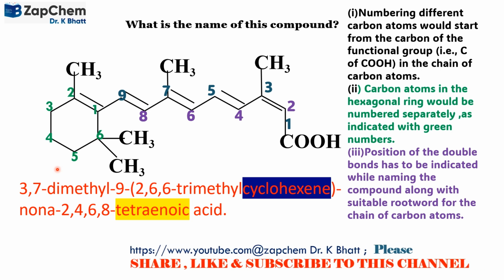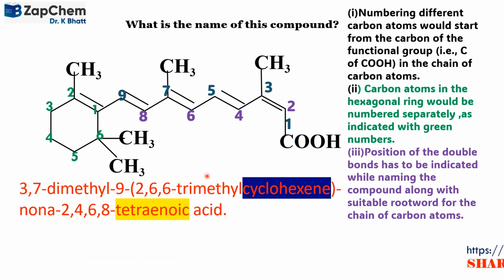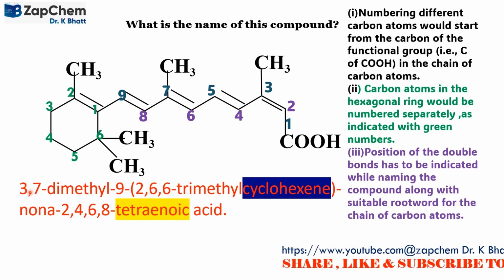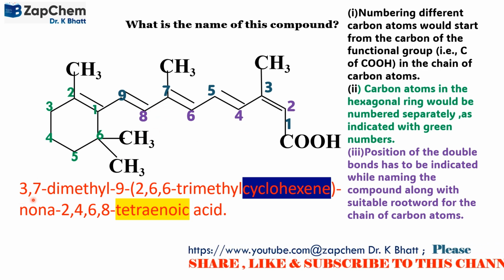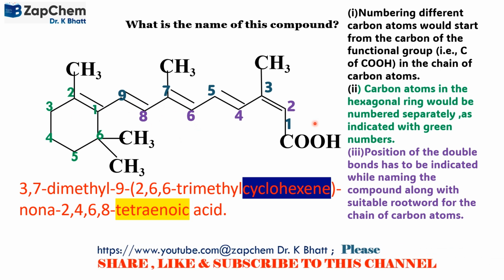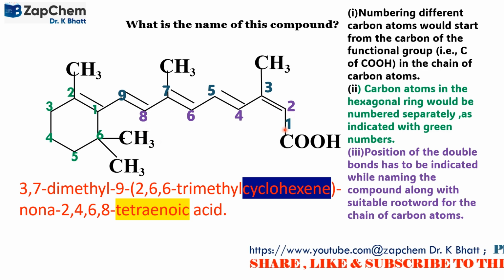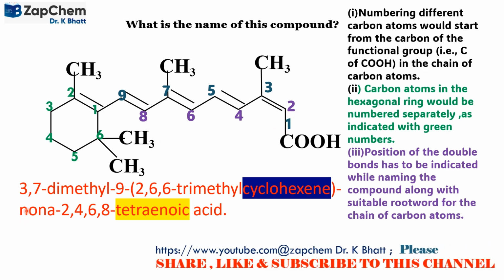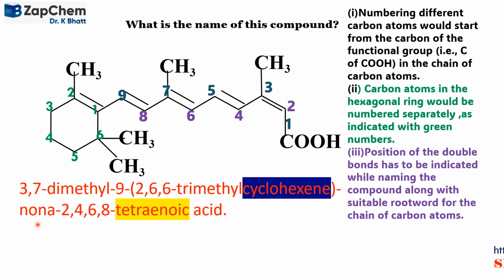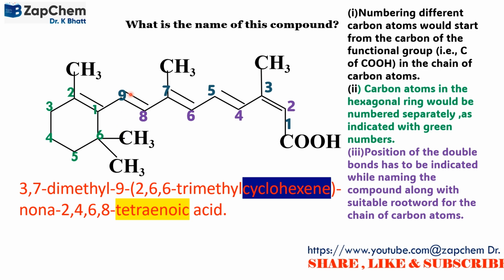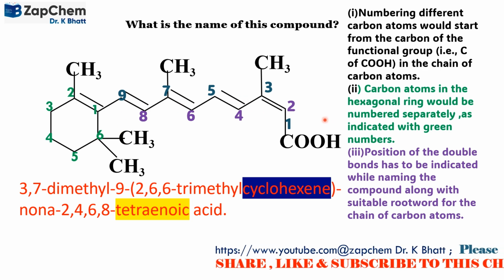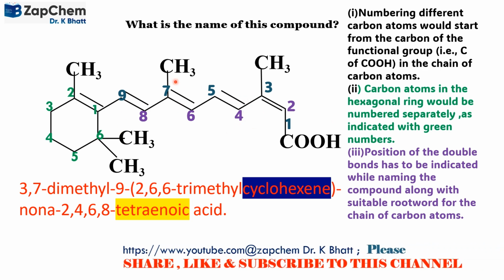The name of the structure will be, as we find, 3 and 7 positions contain methyl groups. The root word, as I have already made clear, will be the carbon chain containing 9 carbon atoms. That 9 carbon atoms definitely represents nonane, but it is not directly nonane because there are double bonds at separate positions and the substituents are also there.